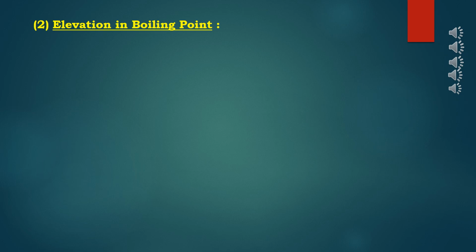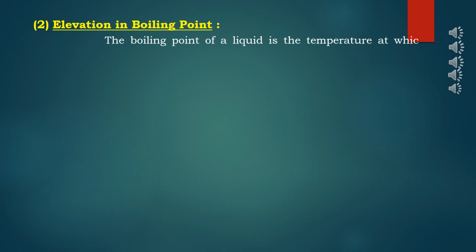In lower classes, we can say that boiling point is the temperature at which water or any liquid boils. But in higher classes, this definition is not sufficient. So the boiling point of a liquid is the temperature at which its vapor pressure becomes equal to atmospheric pressure.